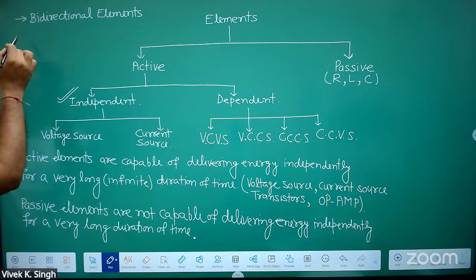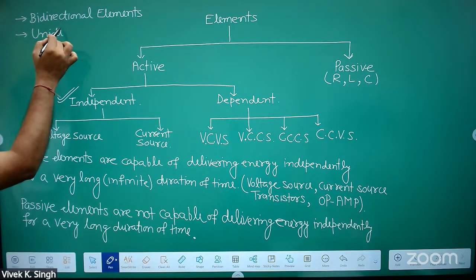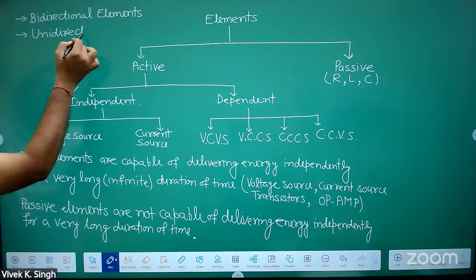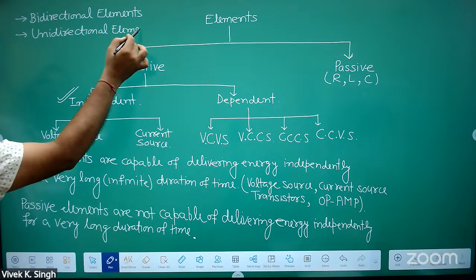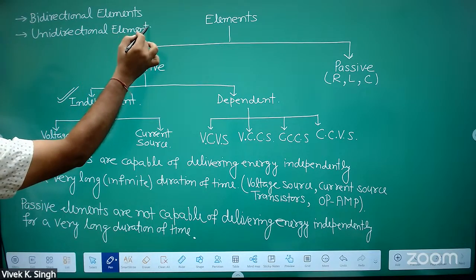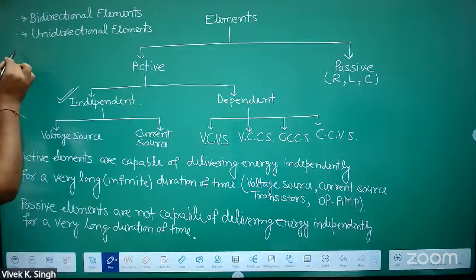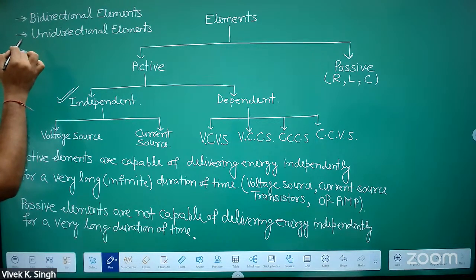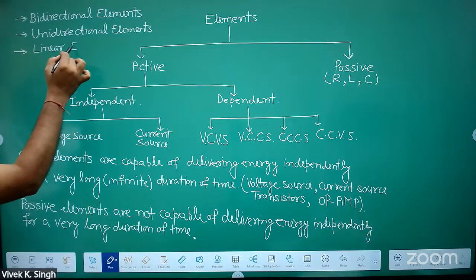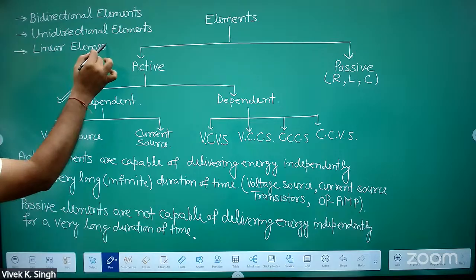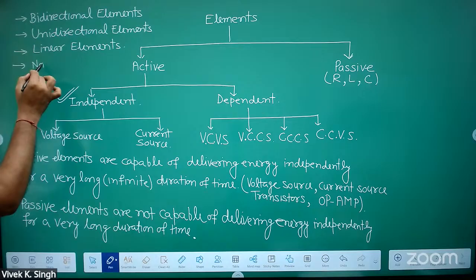There are unidirectional elements also, like diode. This is like resistor, a bidirectional element. So we will encounter these terms, bidirectional and unidirectional. Then you have linear elements, where voltage is proportional to current. You have non-linear elements also.